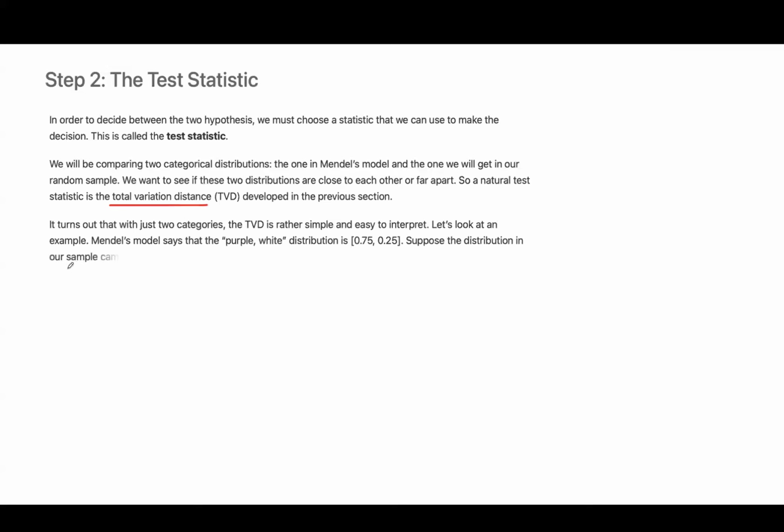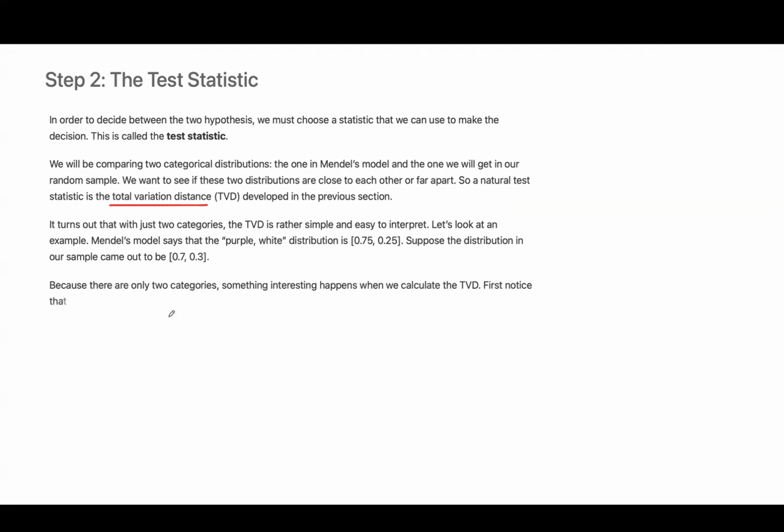Suppose the distribution in our sample came out to be 70% and 30%. So let us do a little bit of algebra. Because there are only two categories, something interesting happens when we calculate the TVD.